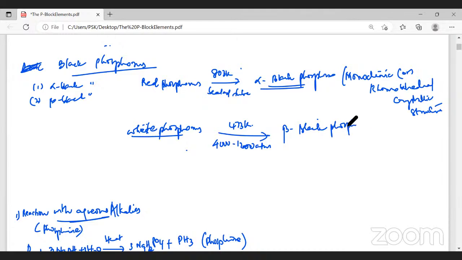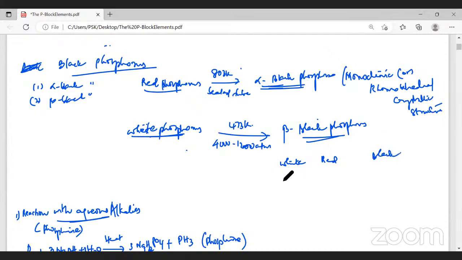So alpha black phosphorus is obtained from red phosphorus. Beta black phosphorus is obtained from white phosphorus. So white phosphorus on heating at 473 Kelvin in a sealed tube, or at 4,000 to 12,000 atmospheric pressure, we get beta phosphorus.